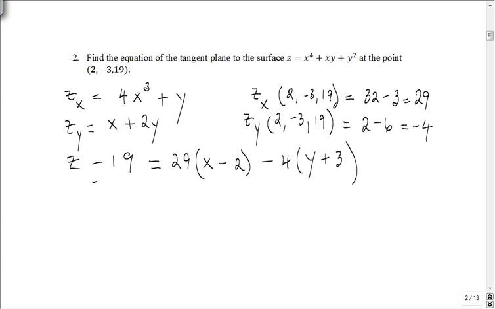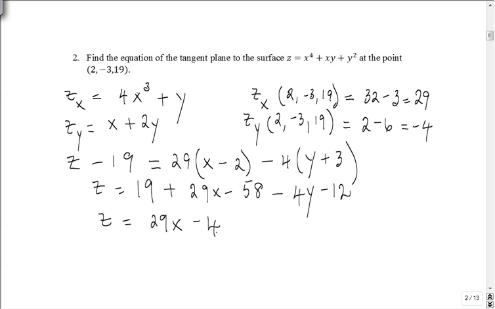Simplify that. Z equals 19 plus 29x minus 58 minus 4y minus 12. Z equals 29x minus 4y. Okay, what's that? 19 minus 12, that's a 7 minus 51.